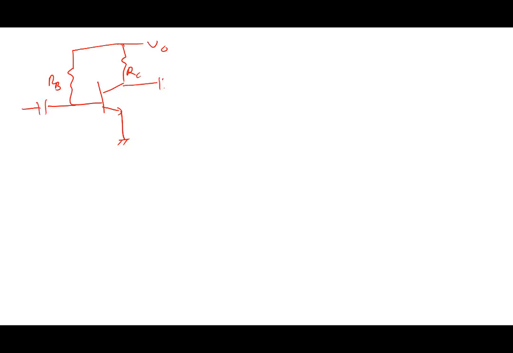Single stage here. And what I'm saying is design an amplifier which will give us AV0 of minus 100, Rn of 1K and R0 of 1K. Do this design. Design the amplifier.